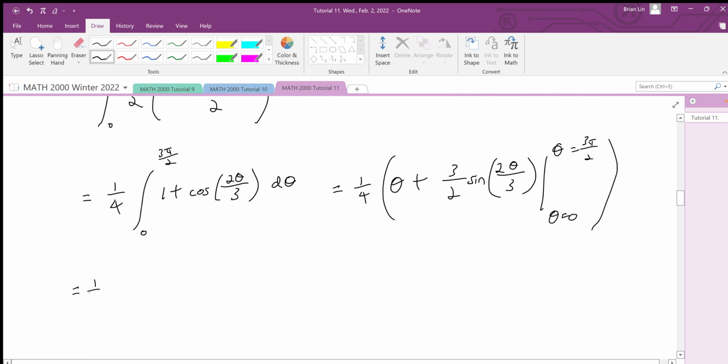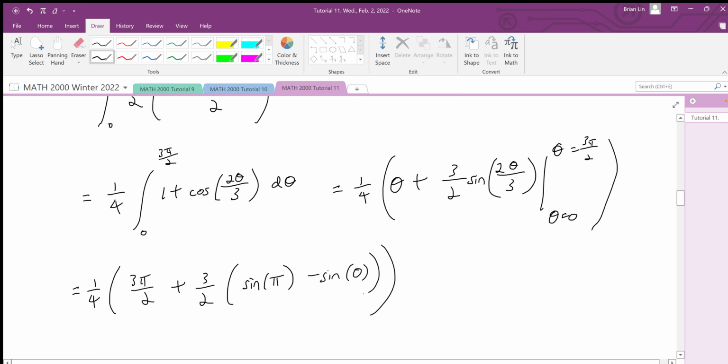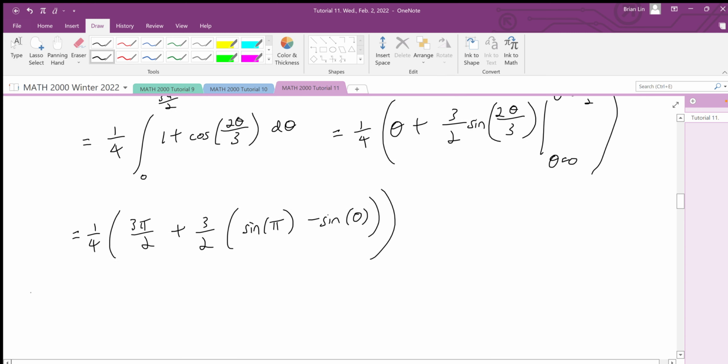So that's 1/4 times 3 pi over 2 plus 3/2 times sine pi minus sine 0. So sine pi is 0, sine 0 is 0. And if you keep simplifying that, you get 3 pi over 8. And that's the final answer.